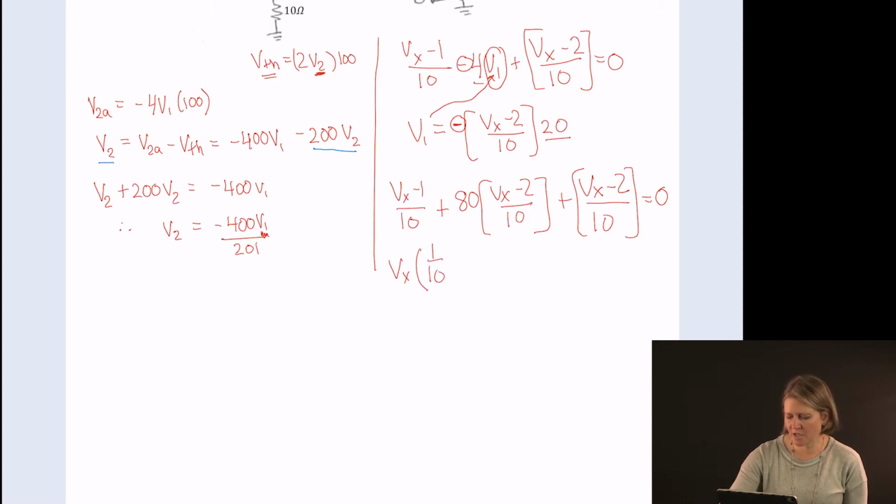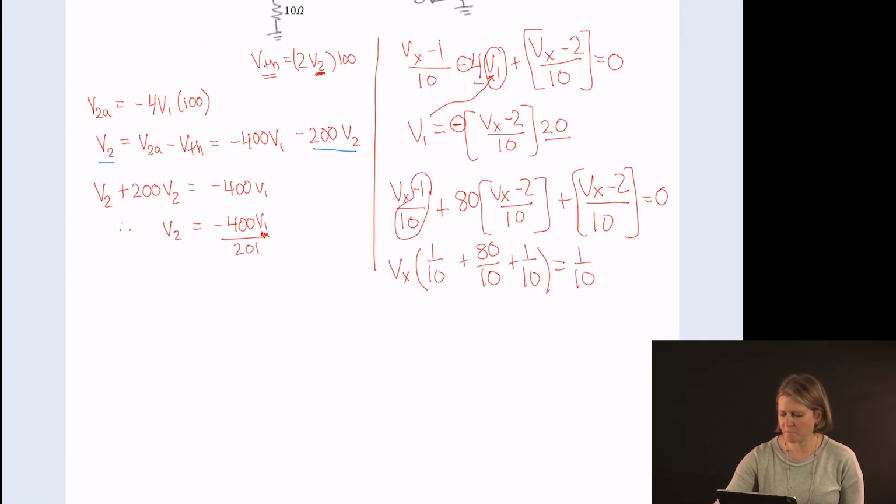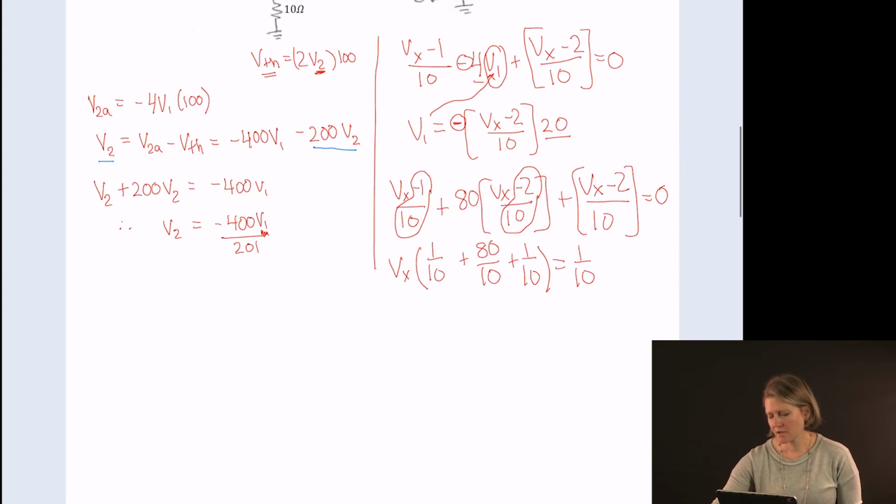I have 1 over 10 here, 80 over 10 for the next one, and 1 over 10. And then I have a 110 that comes over from this component. And then I have the minus 2 times 80, and that minus becomes a plus 160 over 10. And then I have this minus 2 over 10 to become a plus 2 over 10.